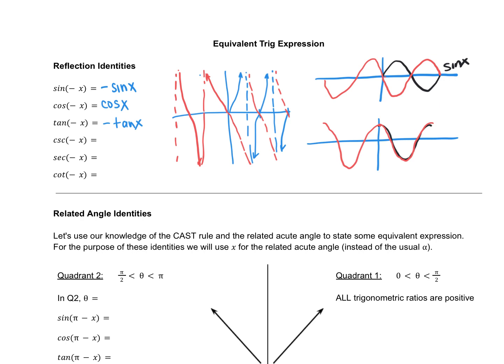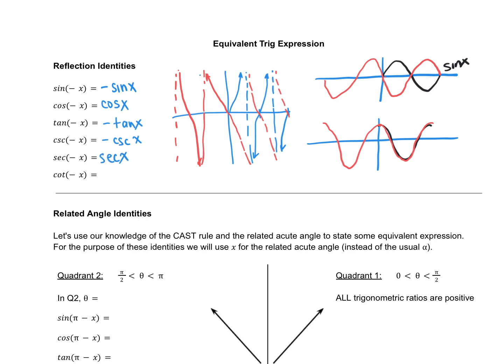And the exact same reflection identities will apply to the reciprocals. So cosecant, who's the reciprocal of sine, when it's reflected over the y-axis, it's going to be the same as being reflected over the x-axis, just like with sine. And for secant, who's the reciprocal of cos, if I reflect over the y-axis, it will not make a difference.